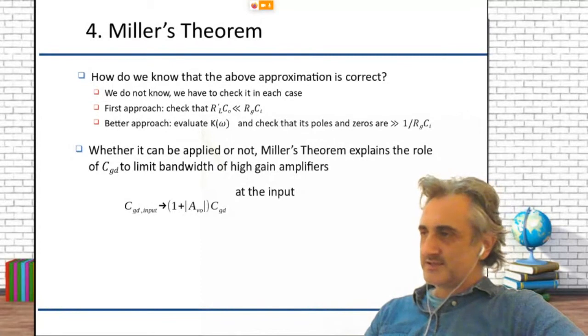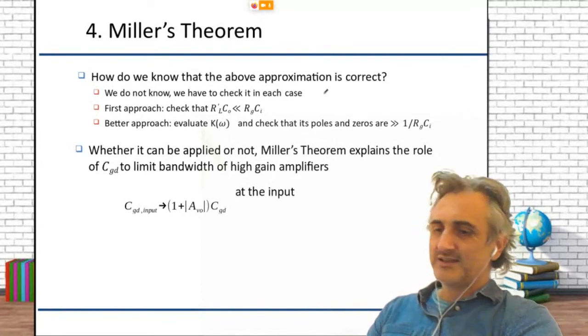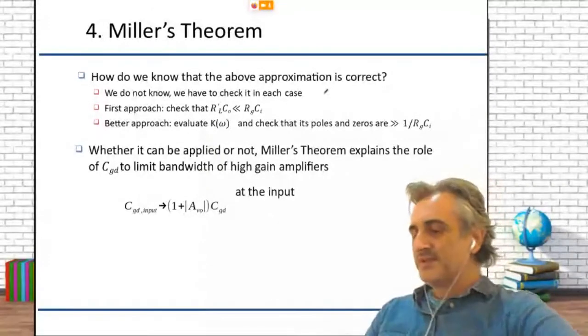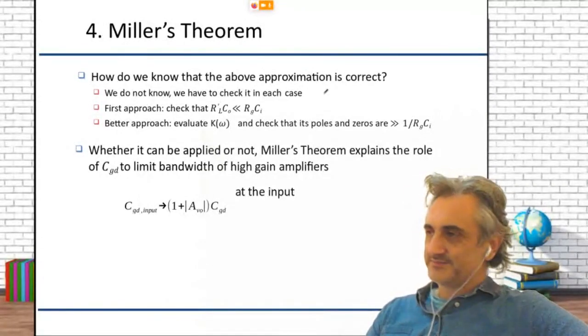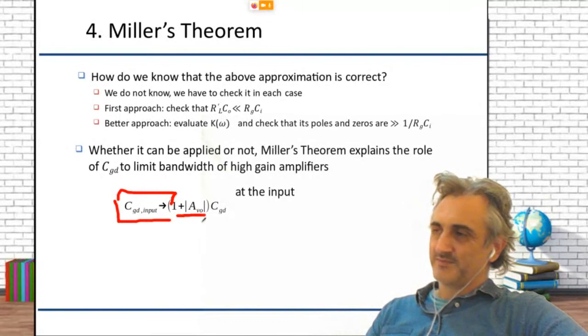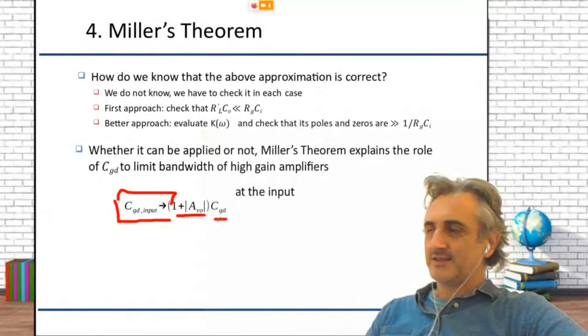Just because, whether the gain is the gain at low frequency or the gain at high frequency, the theorem still stands. The capacitance seen at the input is amplified by the gain, from the capacitance which exists between the gate and the drain.